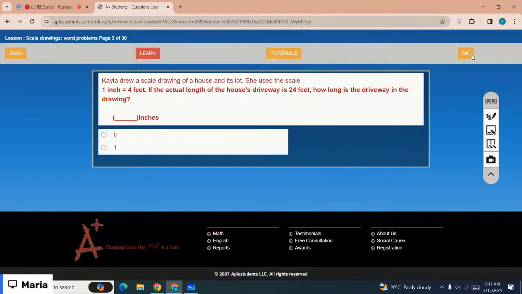The correct option is 6 inches, right? The correct option is 6. That is 6 inches.